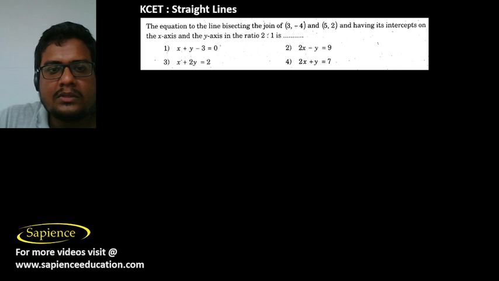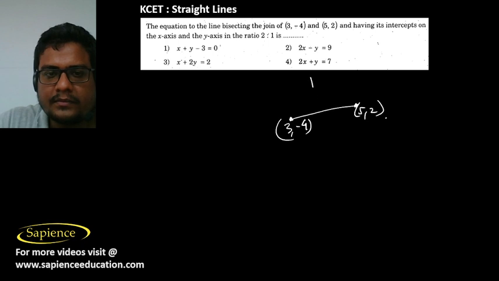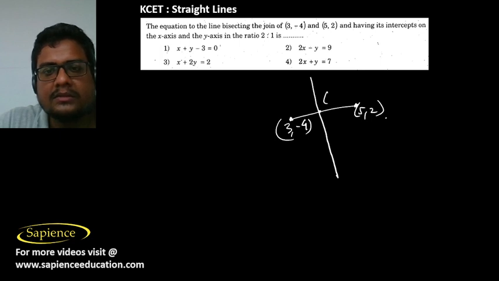Then here it is told the equation to the line bisecting the join of (3, 5) and having its intercepts on the x-axis and y-axis in the ratio 2 to 1. So this is a line which bisects this line, means it will pass through the midpoint.